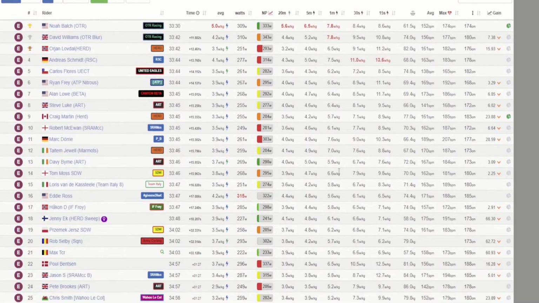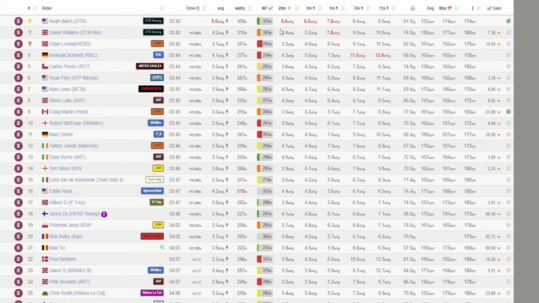Looking down here at the power table, you can see who the red numbers are, who in the race had the biggest 15-second, 30-second, 1 minute, 5 minute, 20 minute watts per kilogram.